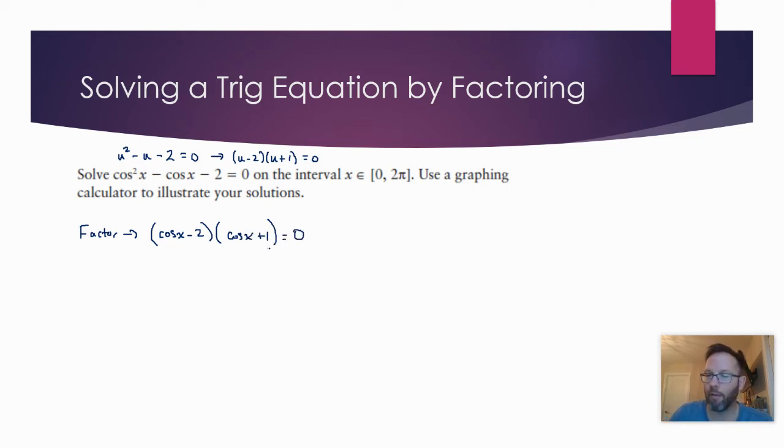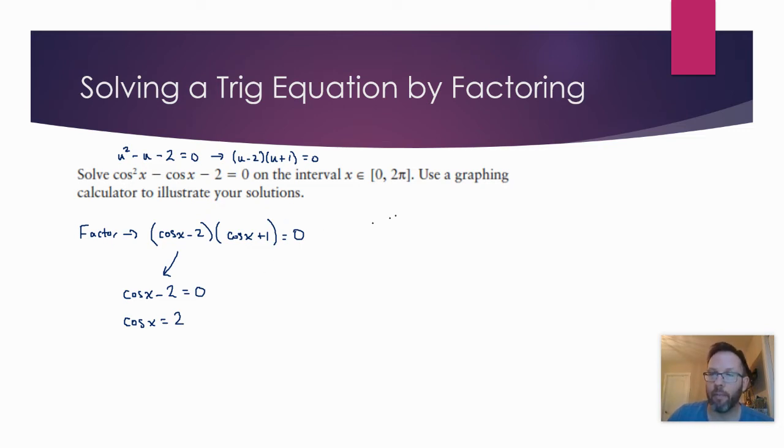And now we can solve this equation by setting each factor to 0. So we have two possibilities. First possibility is that cosine x minus 2 is equal to 0, which gives us cosine x equals 2. And maybe have a quick think about that. Is it possible to have any solutions for x that give a cosine of 2?